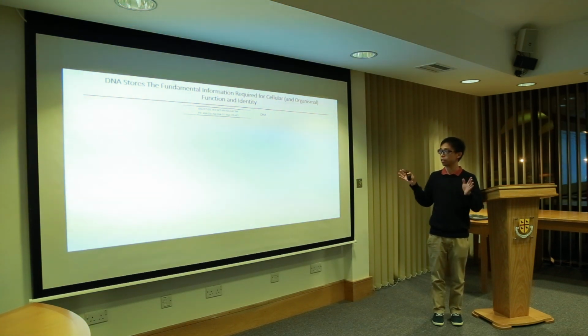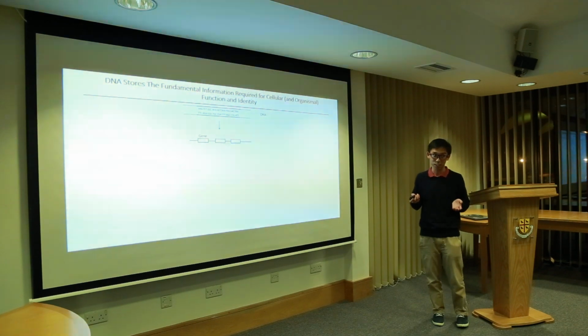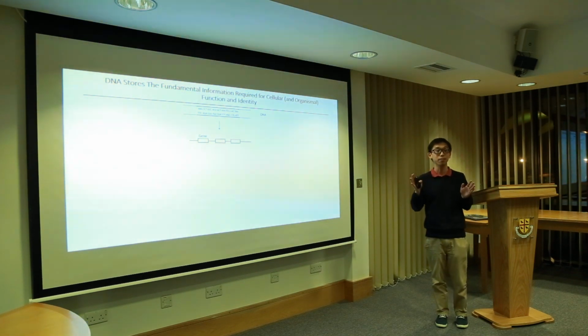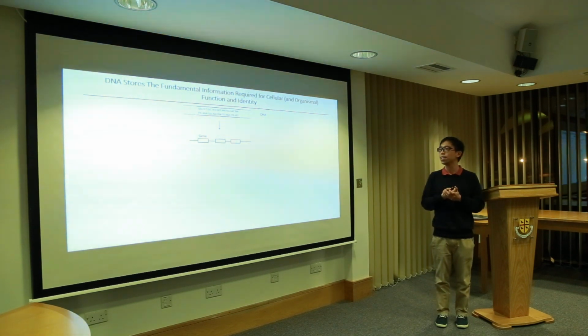And this vast information is further organized into smaller units or fragments called genes, which are associated with particular tasks. You can think of DNA as being this long information-rich text which consists of individual paragraphs or sentences which convey certain meanings, and these are the genes.